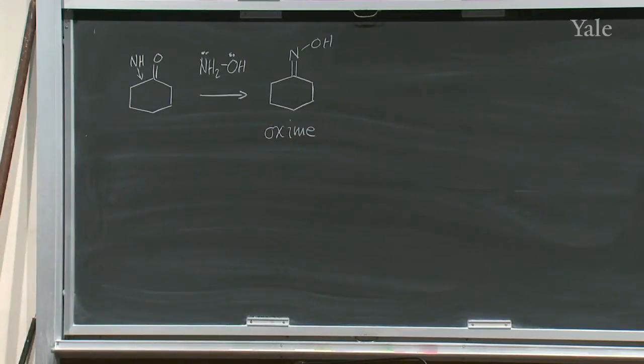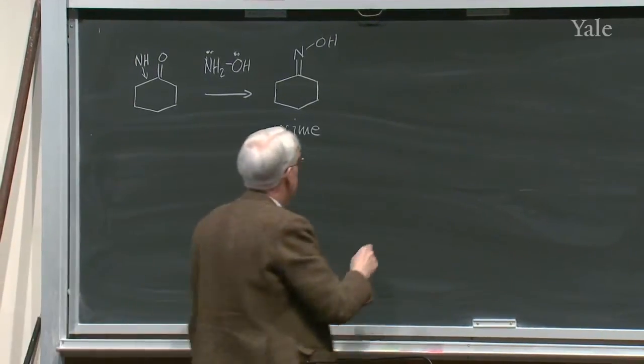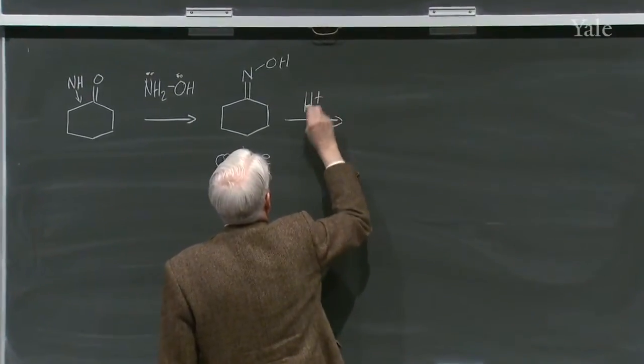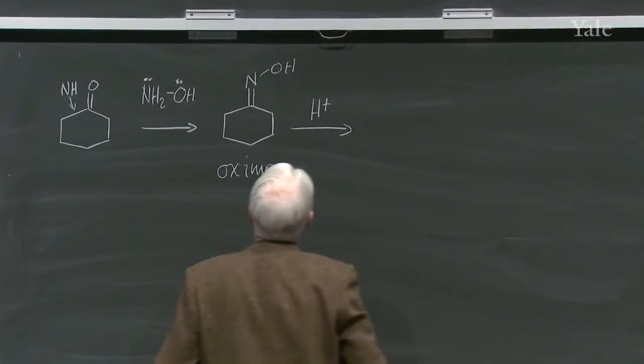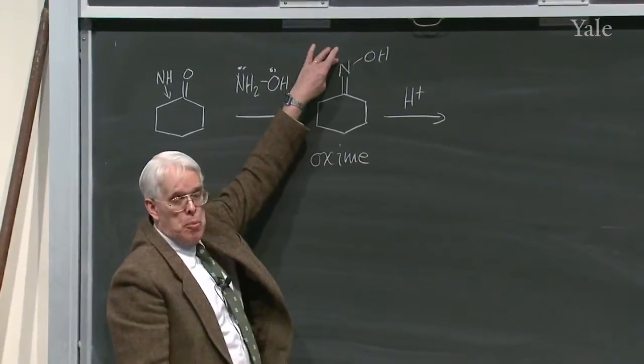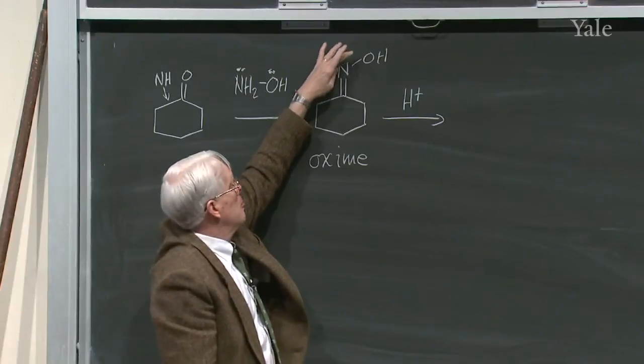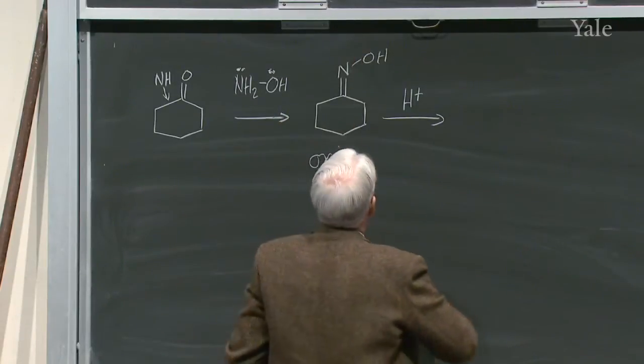Now the Beckmann rearrangement happens when this is treated with strong acid. You can imagine it protonating the nitrogen. It probably does that. But when it does it, it comes off again. But it can protonate the oxygen as well.